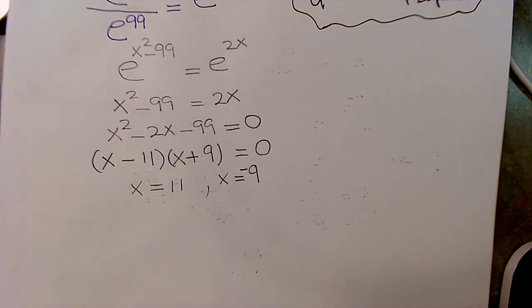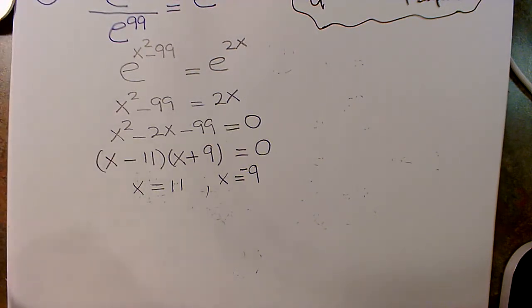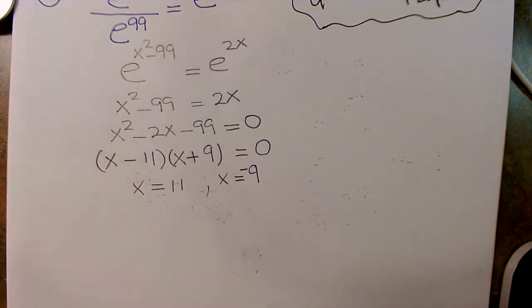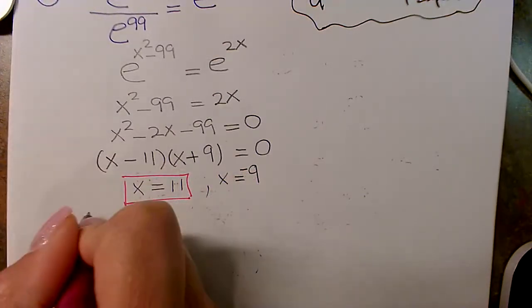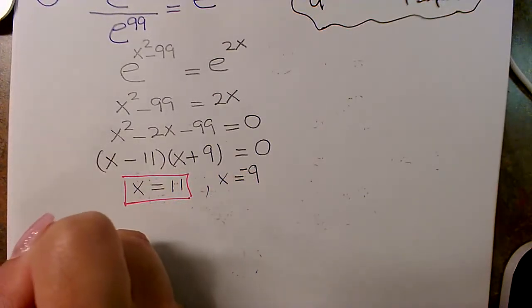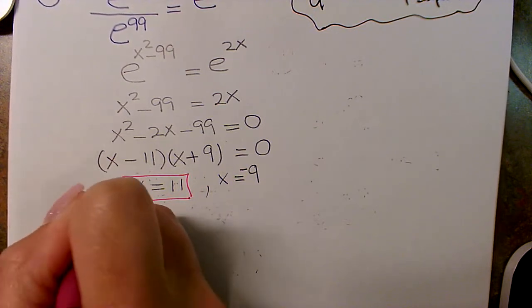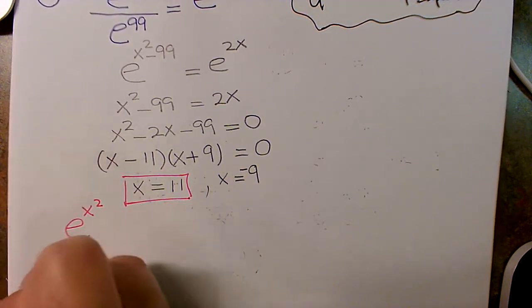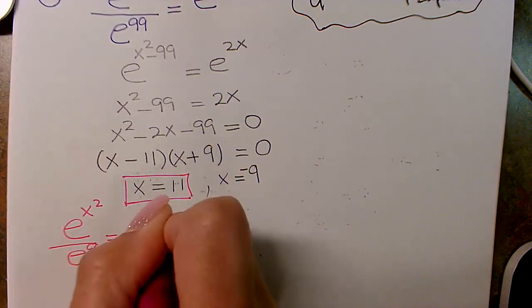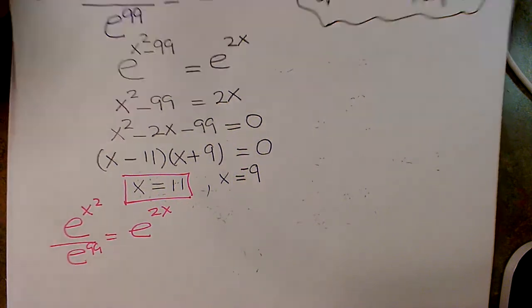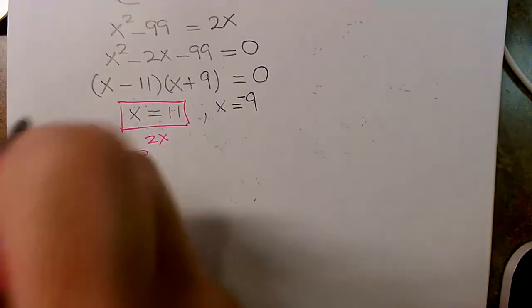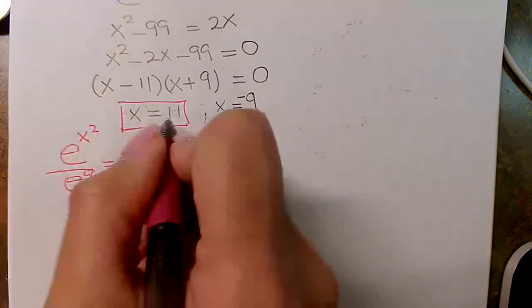Let's go ahead and check the solutions. So we're going to check for x equals 11. Let's go back to what we had there. So we have e to the x squared minus 99 equals e to the 2x, that's what we were given. Now, we're going to replace the x with the 11.